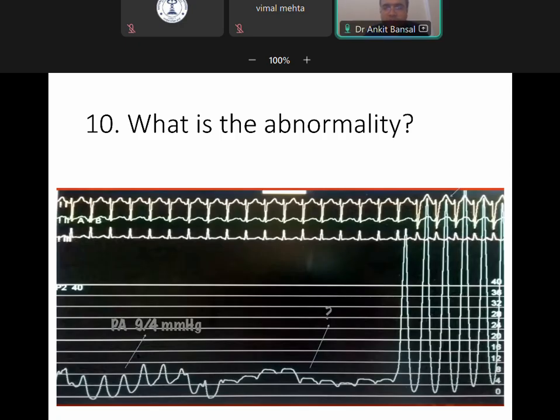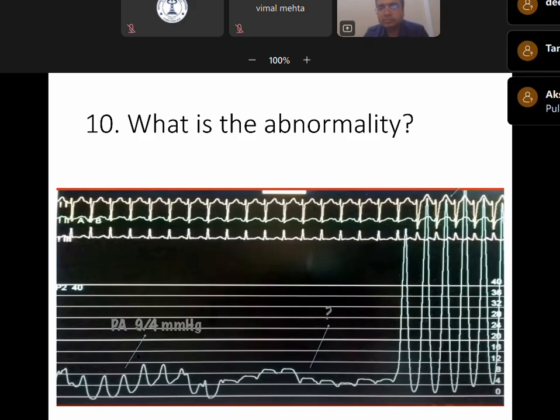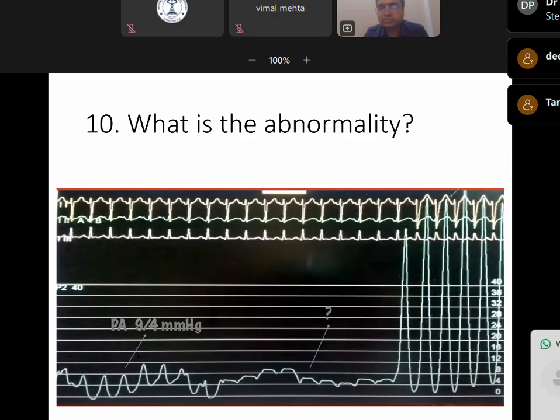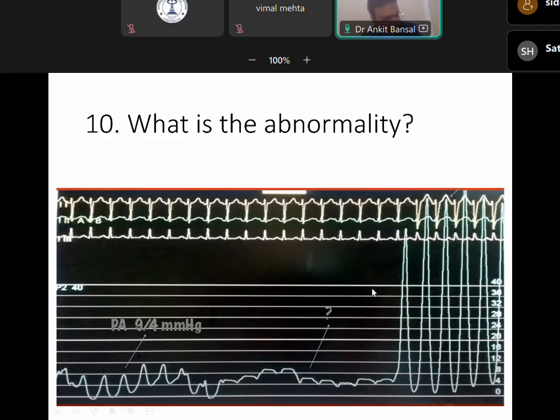So what is the abnormality here? You have to explain the trace.